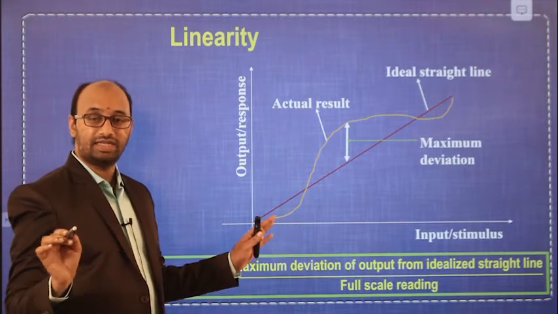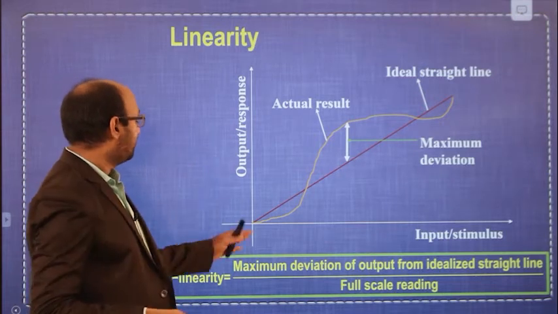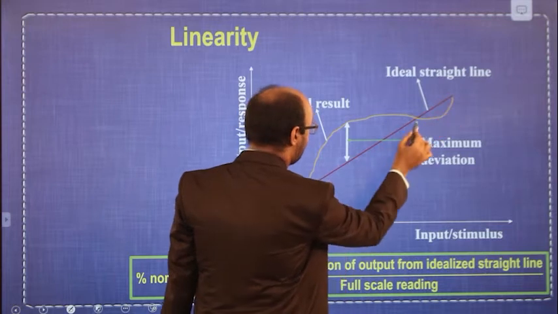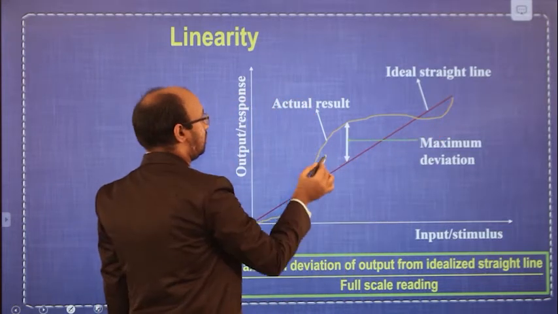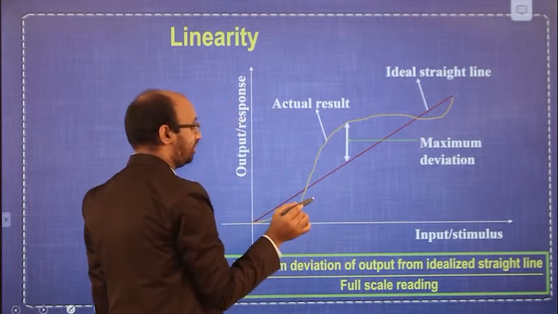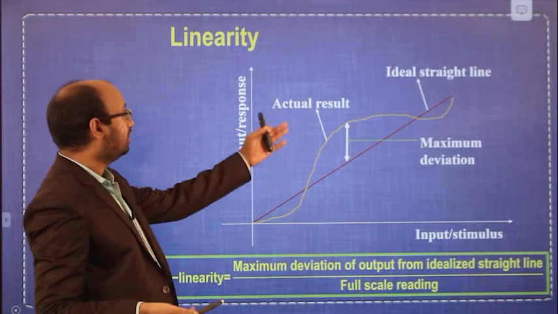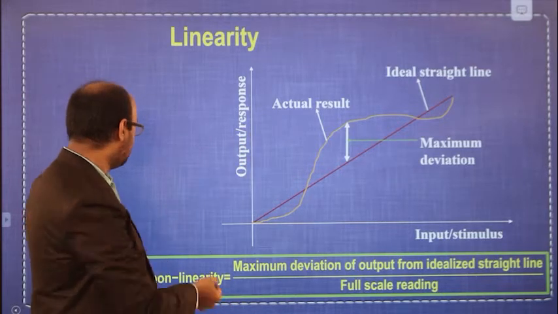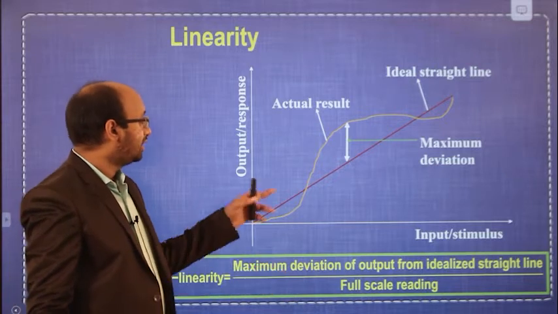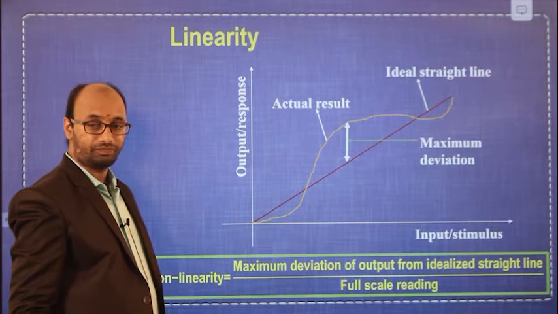So we expect the relation between input and output to be linear. But the measured characteristic shows deviations from the straight line. So we measure the maximum deviation, and the percentage of non-linearity is calculated as the ratio of maximum deviation from the ideal straight line by full scale reading.